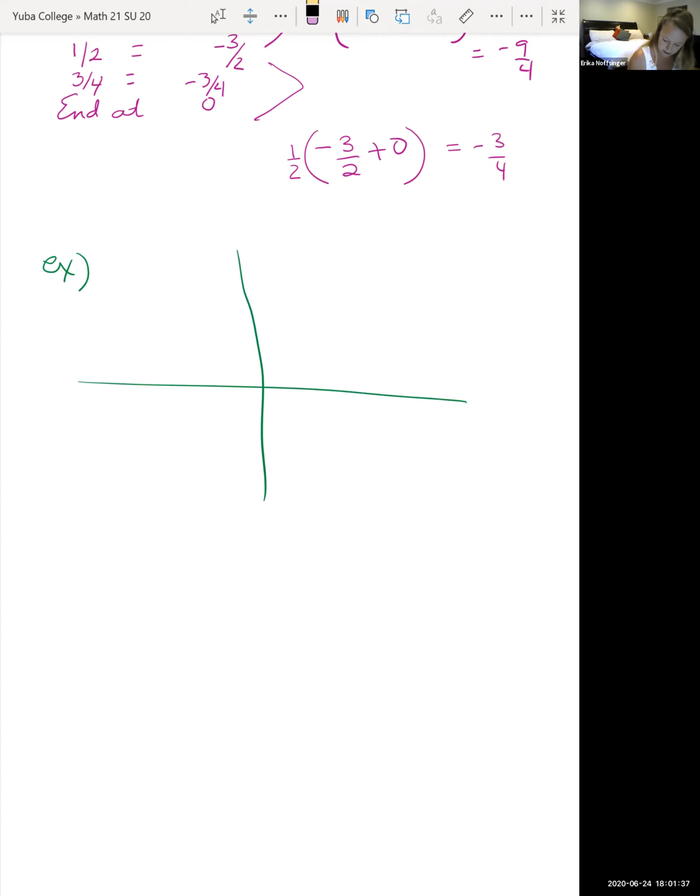Okay, on here, 1, 2, 3, 4. We have max and min. Max is 4, min is -4. We have 2 pi, 4 pi, 6 pi, 10 pi.